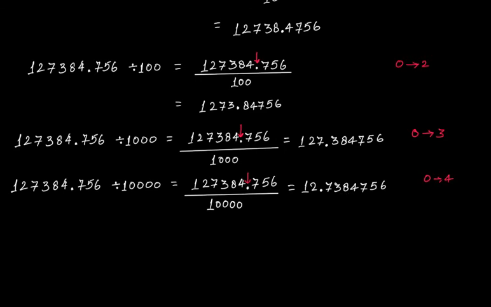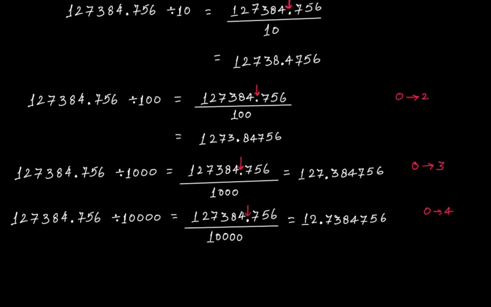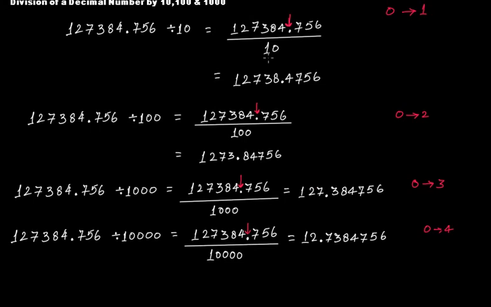Okay, so you can observe that with the increasing number of zeros, 10 has 1 zero, 100 has 2 zeros, 1000 has 3 zeros, 10,000 has 4 zeros, the answer is actually decreasing. In this case it was 12,738.4756, then it became 1,273.84756, then 127.384756, then 12.7384756.